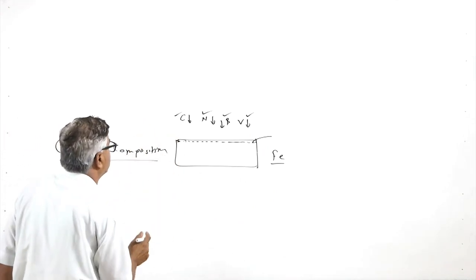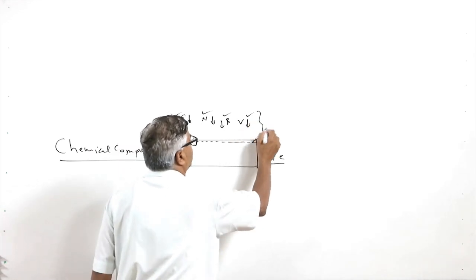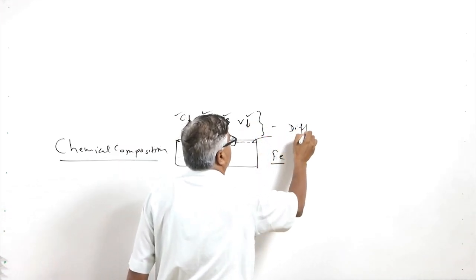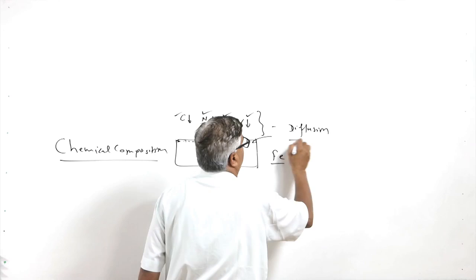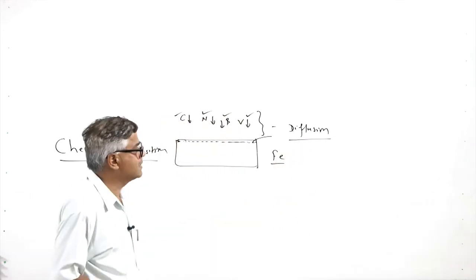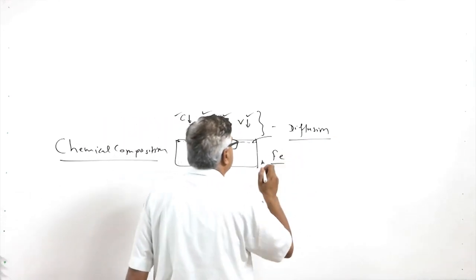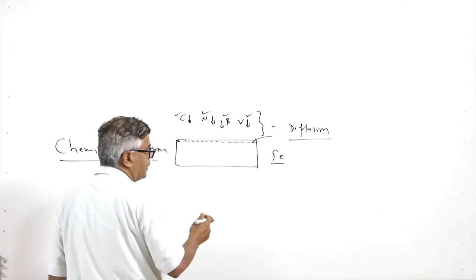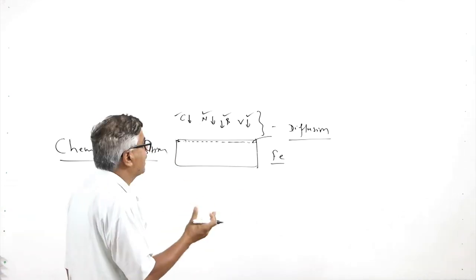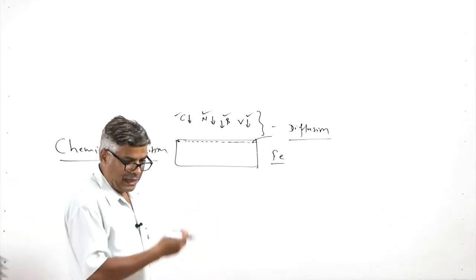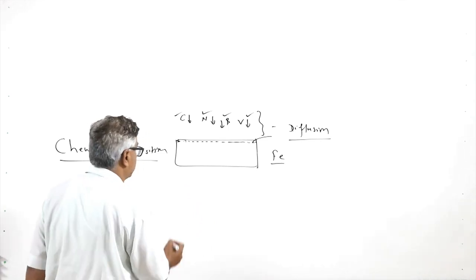So this is one category of processes where diffusion is involved for modifying the near surface layers, and diffusion is the mechanism which helps in modifying the near surface layer composition.